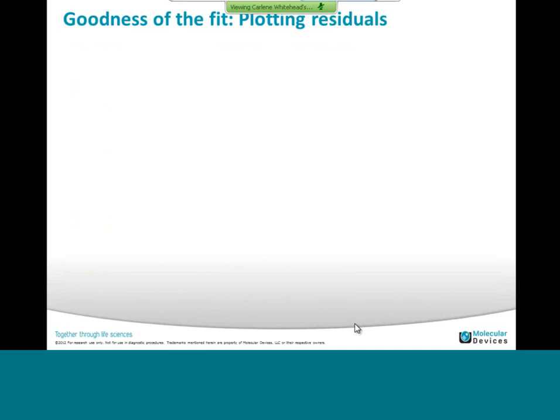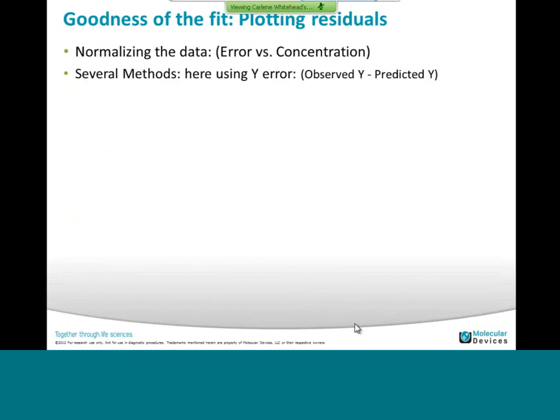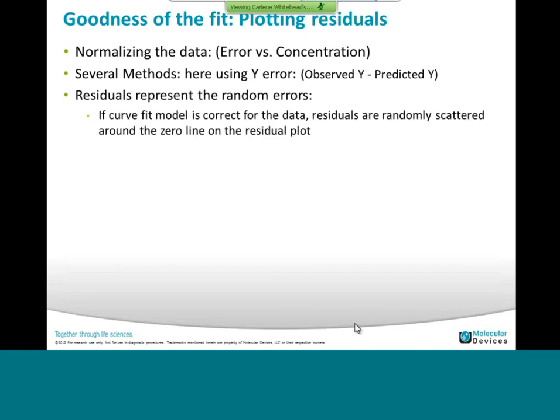Now, one way to study the goodness of the fit is by plotting the residual. The residual plot basically normalizes the data because you plot the error versus the concentration. There are various methods to measure the error, but in this protocol we are measuring the Y error, calculated as the observed response minus the predicted response. The residual should represent the random error.